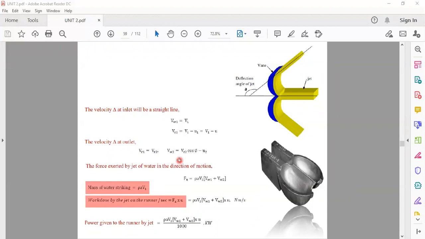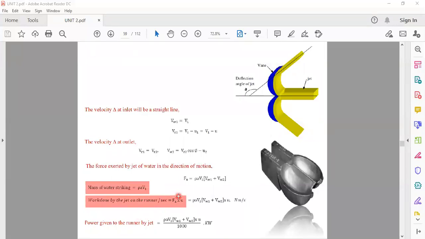See here, mass of the water striking on this blade equal to rho a V1.